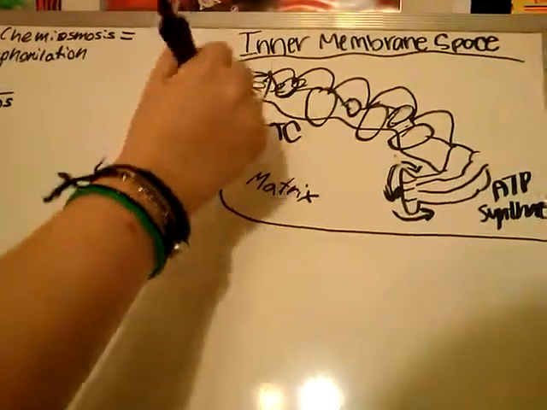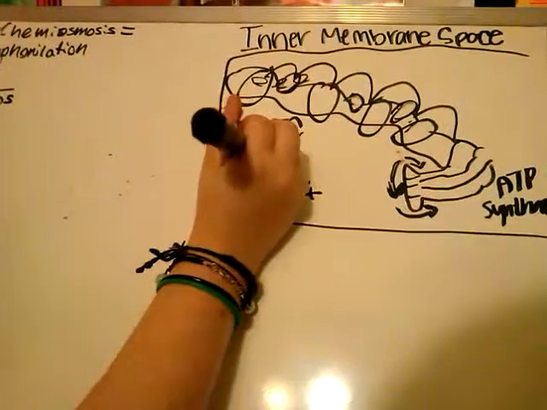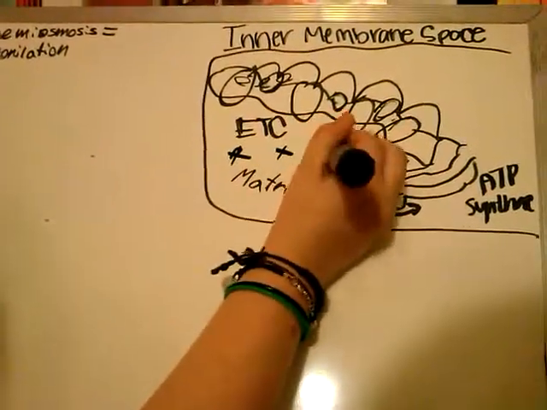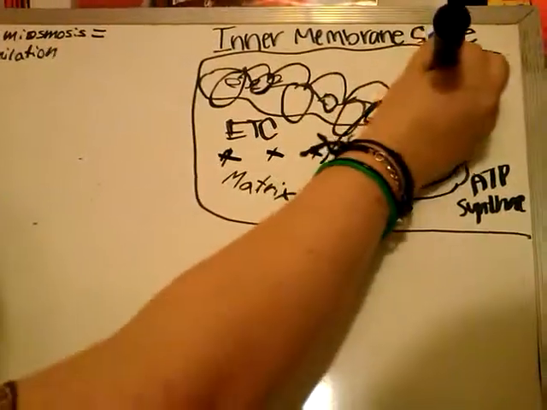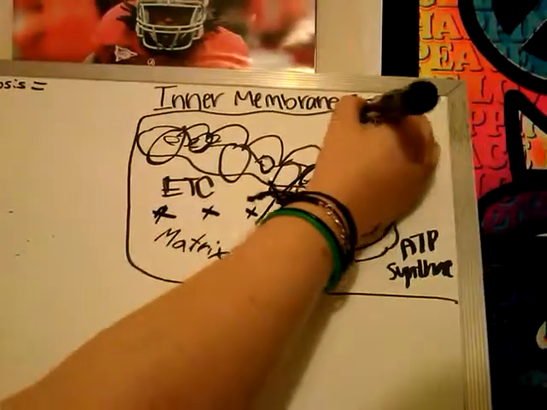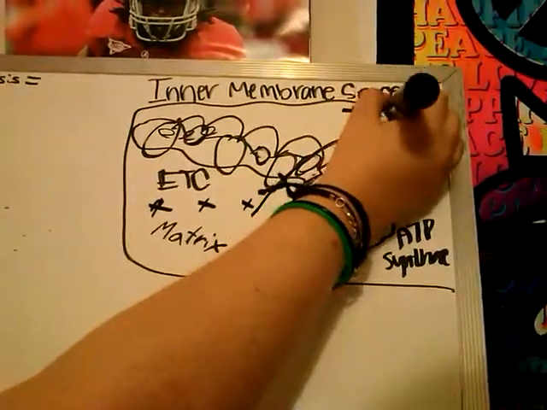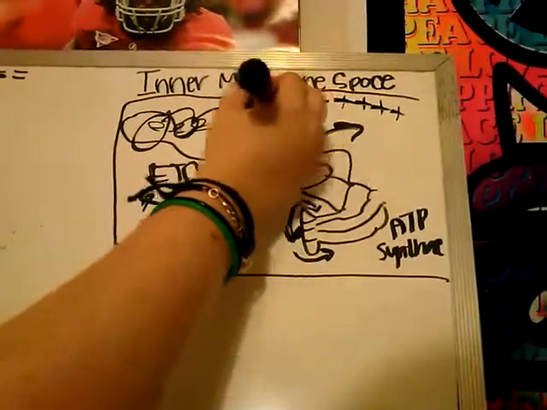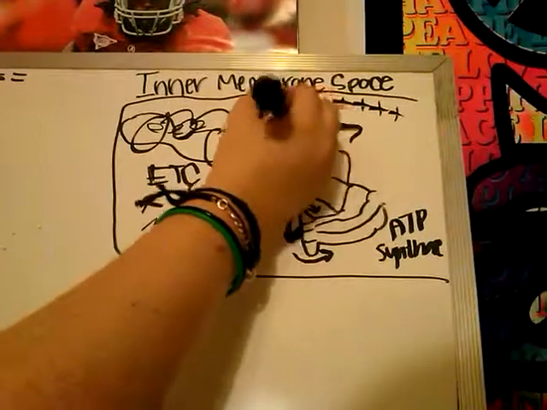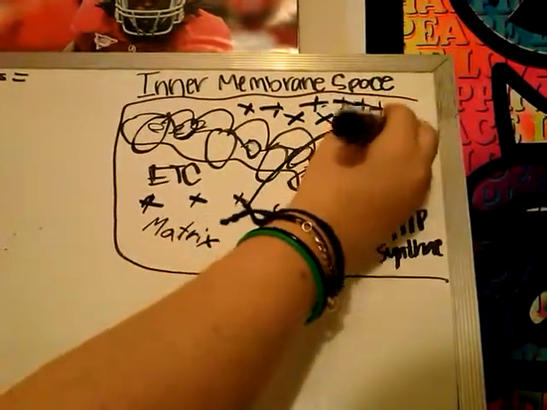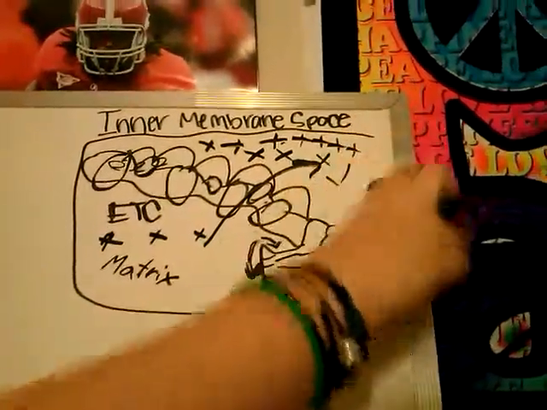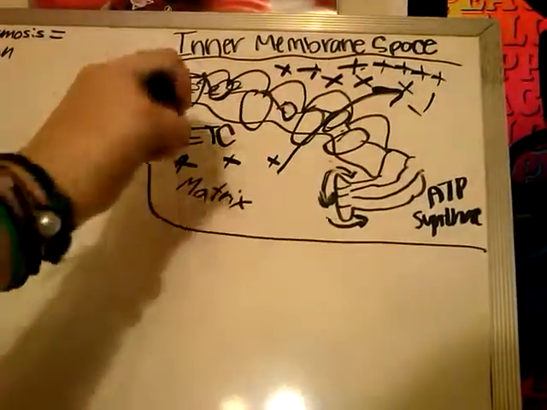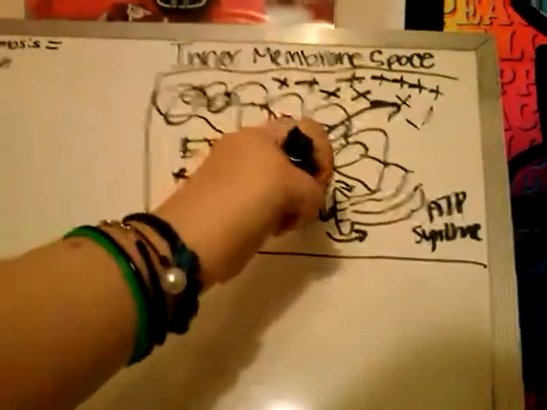This protein is a pump, and it's going to take protons, which are positive, from here and send them into the inner membrane space, so that it builds up a gradient so that osmosis works, which we'll get into in chemiosmosis. You want more pluses over here than over here, and that's what these protein pumps do.